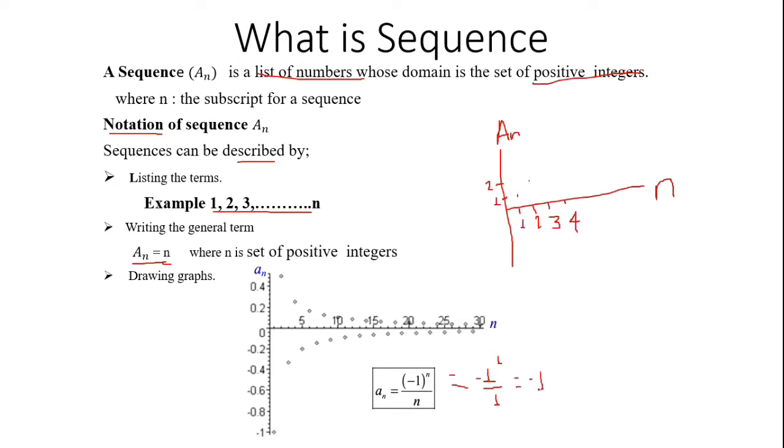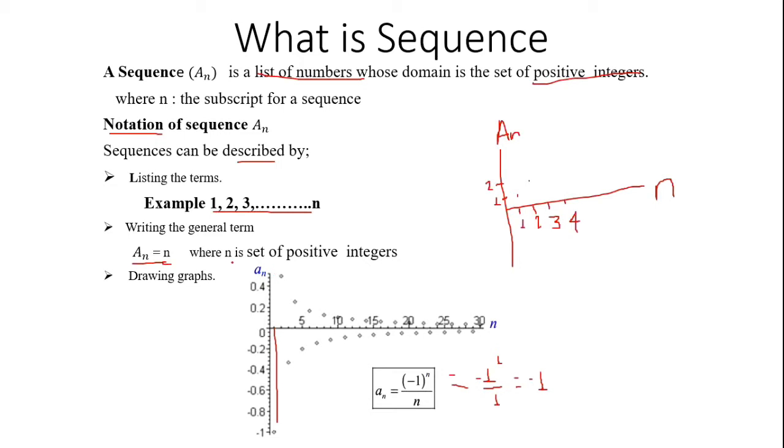This is for n value 1, we obtain minus 1 for an. And we can also substitute 2 here. Minus 1 to the power 2 is 1, because a negative number to an even power is positive. So 1 over 2, that is 0.5. You can see here it is 0.5. So we can express a sequence using these three methods.